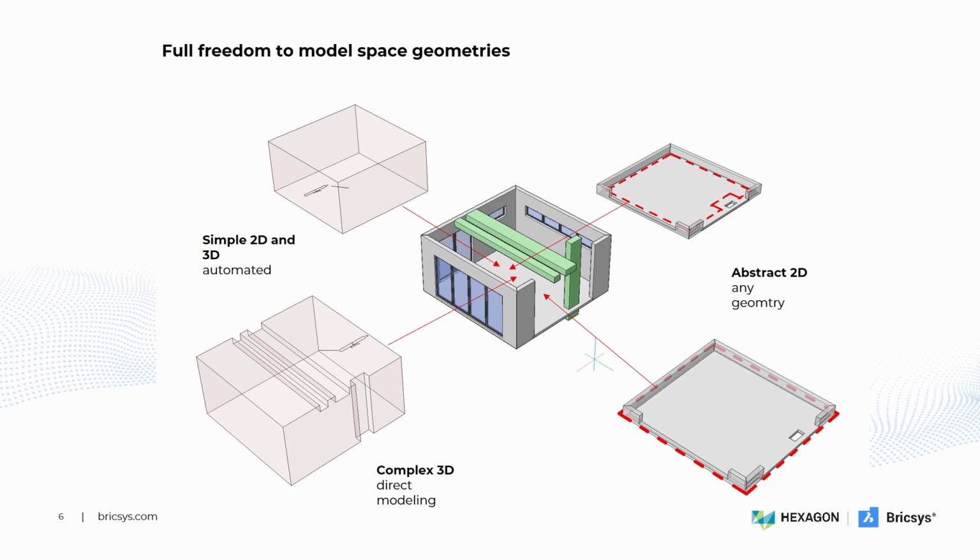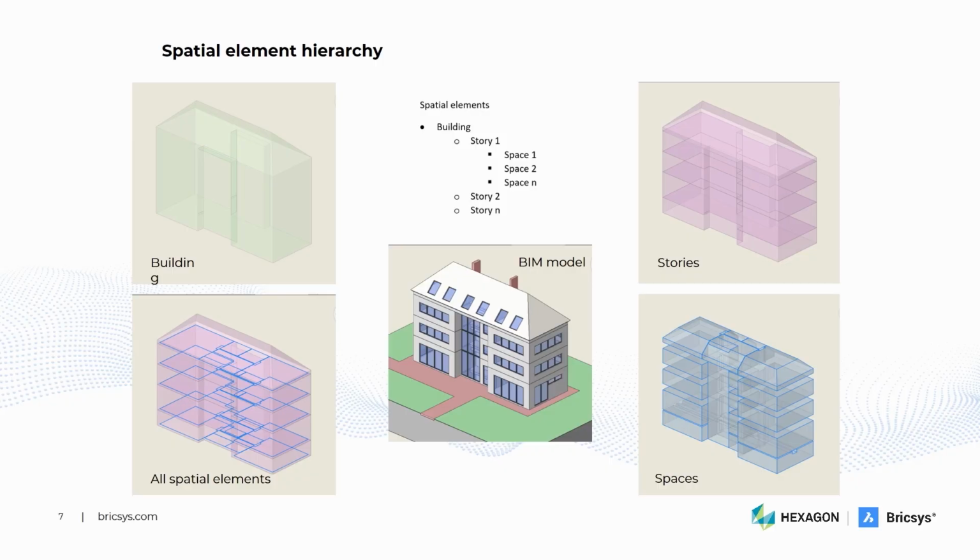At Bricsys, we believe that users of a software need to have unlimited freedom to model any spatial geometry, just like how they can model any building element. Therefore, our spaces can be simple 3D volumes, or very complex ones, or even 2D abstractions. In addition to spaces, we also introduce story and building spatial elements in a hierarchical, IFC-compatible data structure.